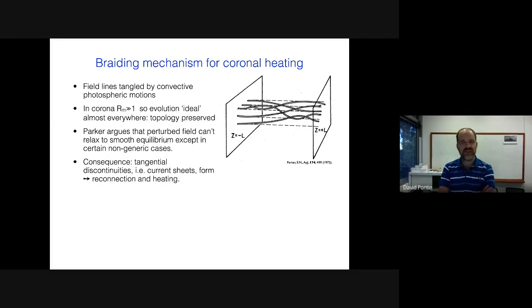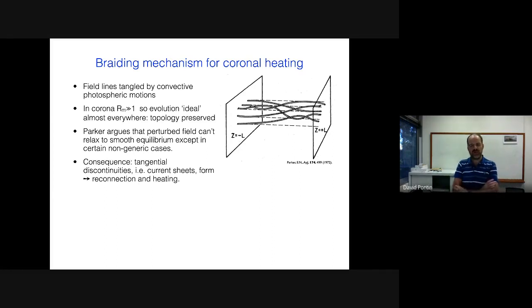Conceptually, first, the basic idea is that we have convective motions in the photosphere and below, which will drag around the foot points of magnetic field lines that connect up into the corona. Now, because the corona has an extremely high magnetic Reynolds number, the evolution of the magnetic field and of the plasma up in the atmosphere will be ideal.